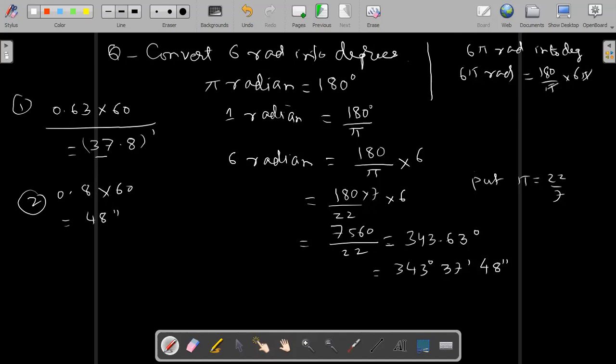This pi and pi will cancel, and 6 times 180 is 1080 degrees. So directly it will convert. Only the problem comes when pi is not cancelling. In that case, we have to put the value of pi as 22 upon 7. So this is our exercise number 1, where we have to convert degrees into radians and radians into degrees.